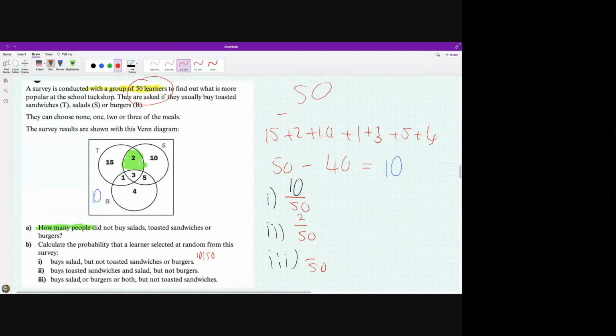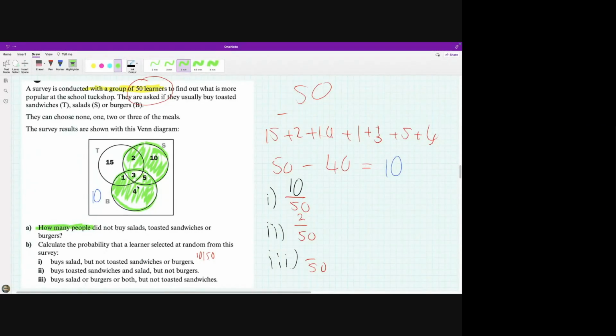Okay, last one. Buy salads or burgers or both, but not toasted sandwiches. Oh my gosh, what a mouthful, literally and figuratively. Buy salads would be the whole thing, but or burgers. So it can basically be or both. So this entire region is fine, except now I have to exclude something.